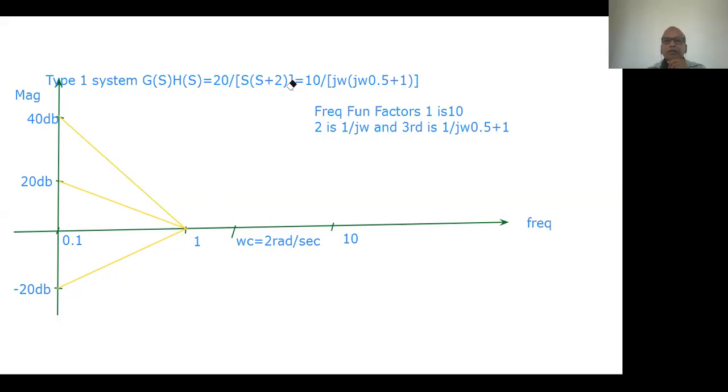I will pick another color and then draw a line parallel to the frequency axis. This is the first frequency factor.